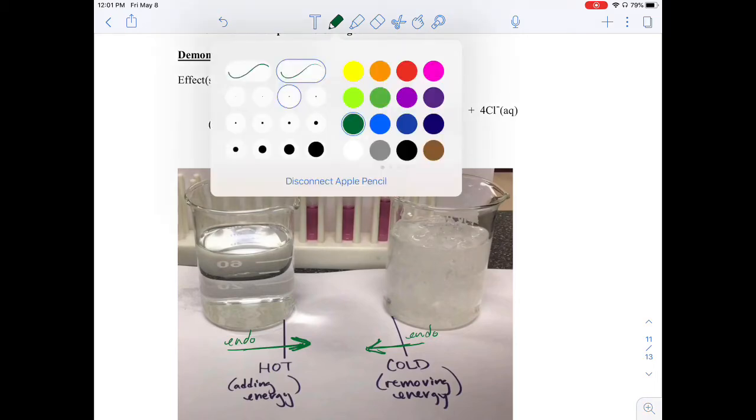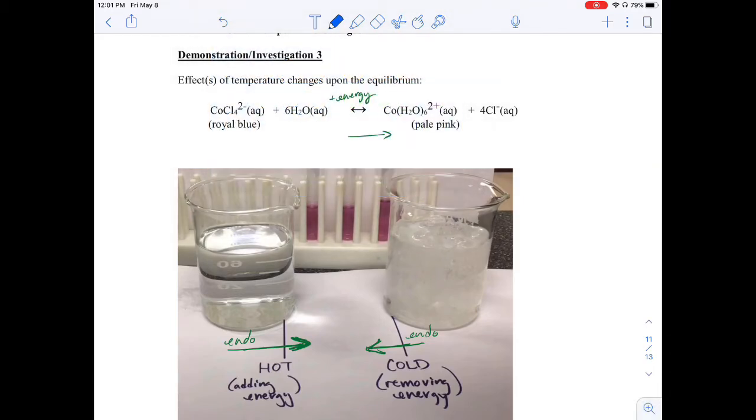If instead the equilibrium system is exothermic, then energy is a product. And if energy is a product, as I heat it, the energy needs to be used up, and it would shift this way to use that energy up when it's heated.